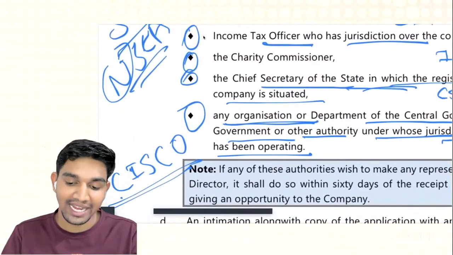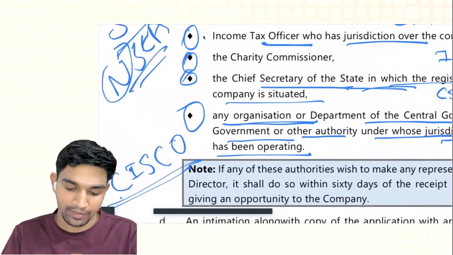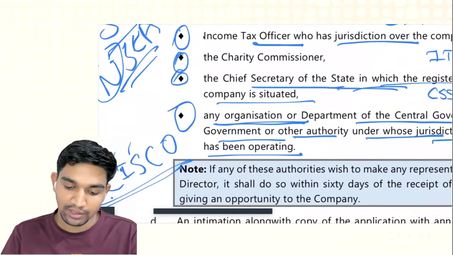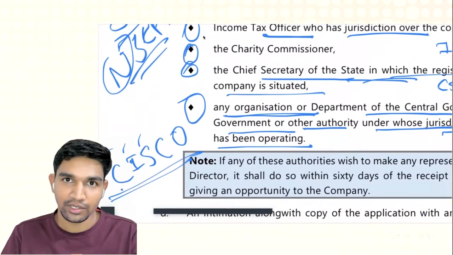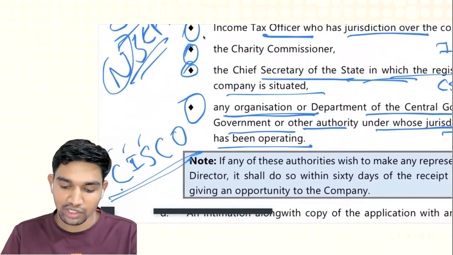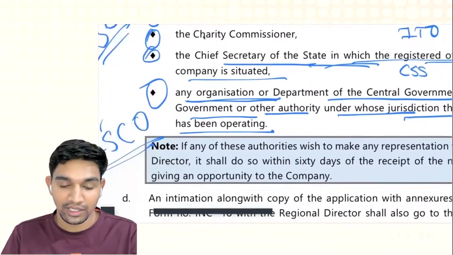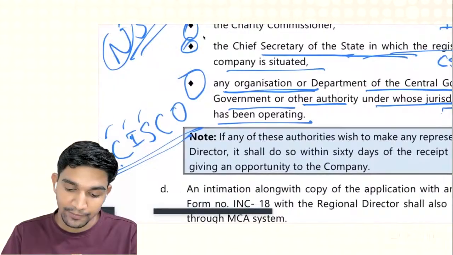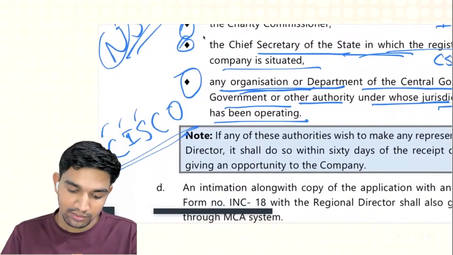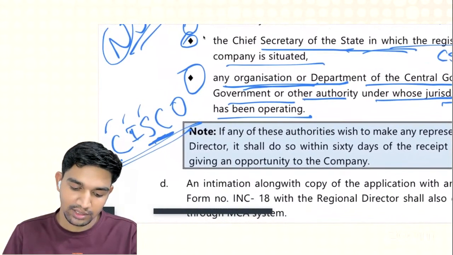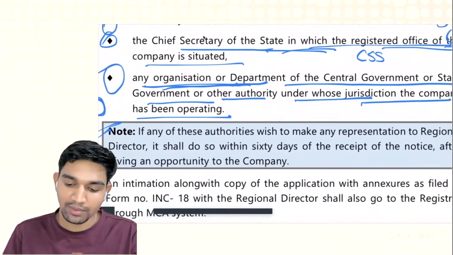Then I for Income Tax Officer who has jurisdiction over the company. Then S for Chief Secretary of the state in which the registered office of the company is situated.